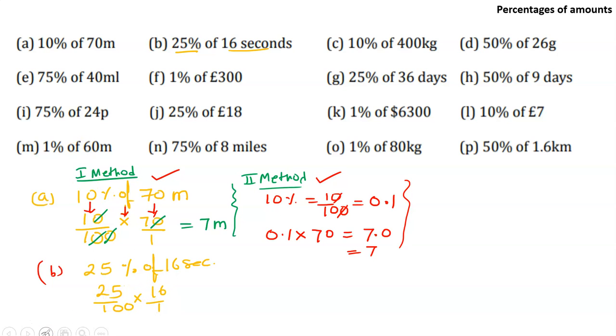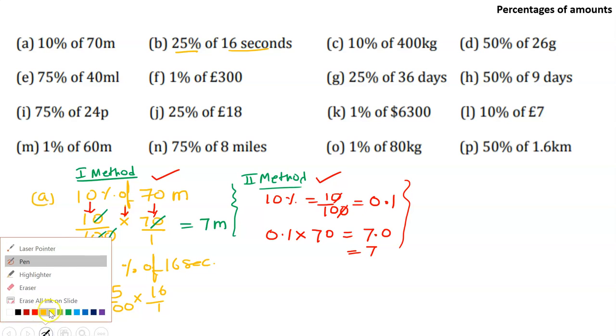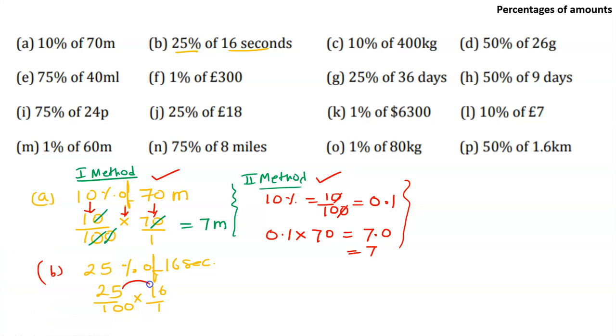If nothing is cancelling, what you can do, you can multiply top with top and bottom with bottom. So 25 times 16 is how much? Let's multiply. So 25 times 16 is 400, and 100 times 1 is 100. So two zeros cancel, so we got 4%.